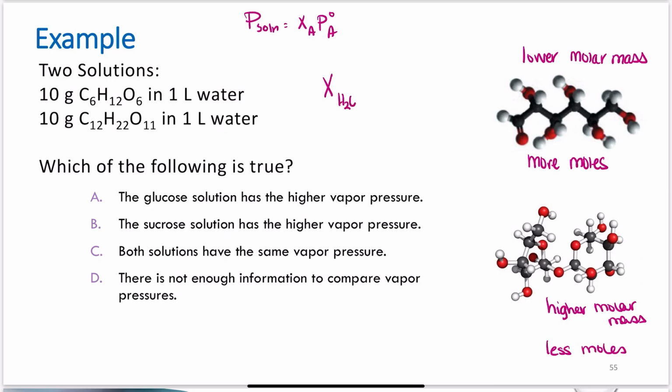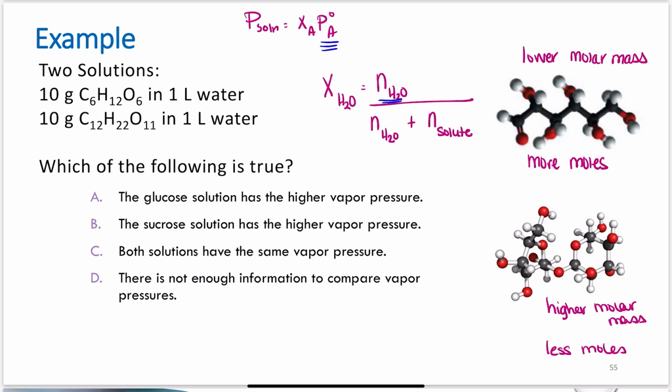We're specifically looking at water being able to escape, by the way, because both of these are non-volatile. These are both going to stay in solution. So we're looking at water escaping. I've got 1 liter of water in each, so my number of moles of water is constant. But the total moles of my system is not constant. This is constant. This is constant.